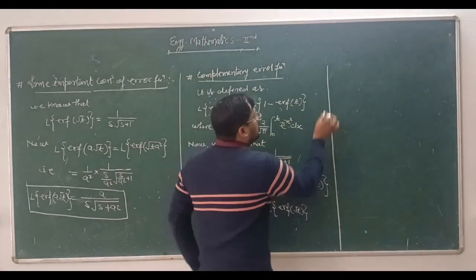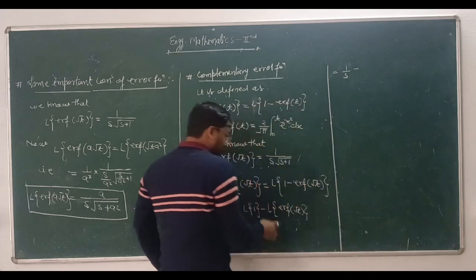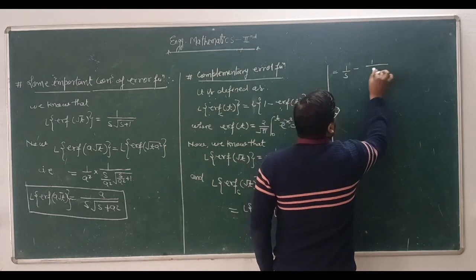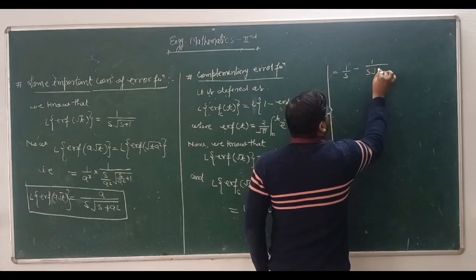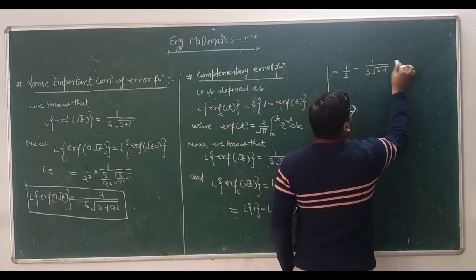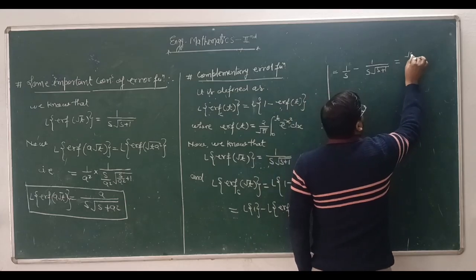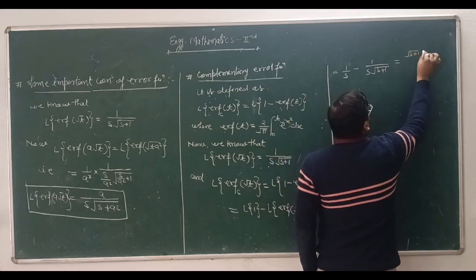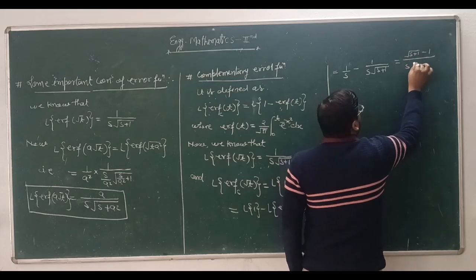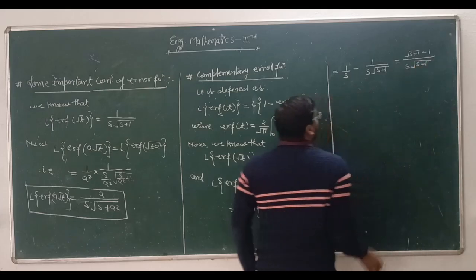Laplace of 1 is equal to 1 by s minus 1 upon s under root s plus 1. You can solve this. It means root s plus 1 minus 1 total upon s under root s plus 1.